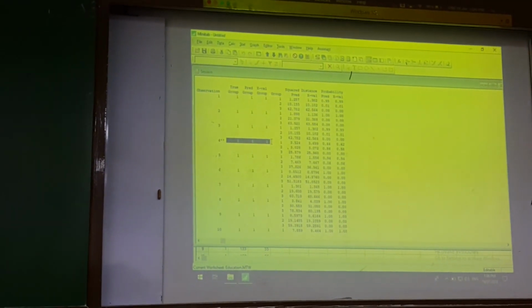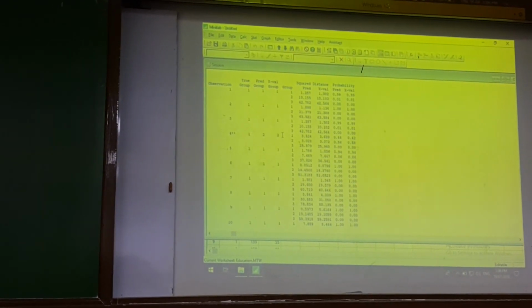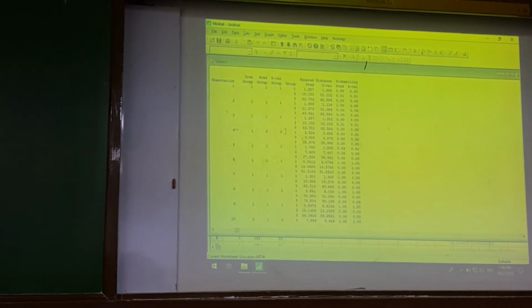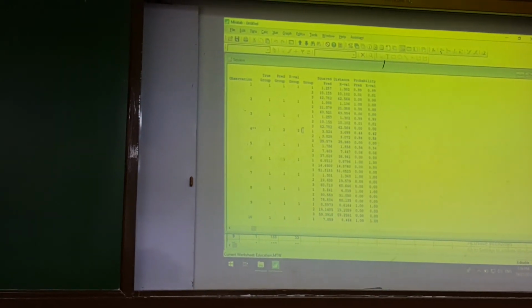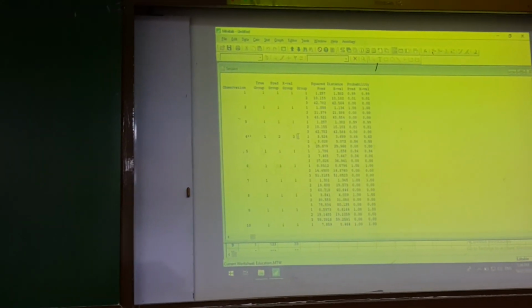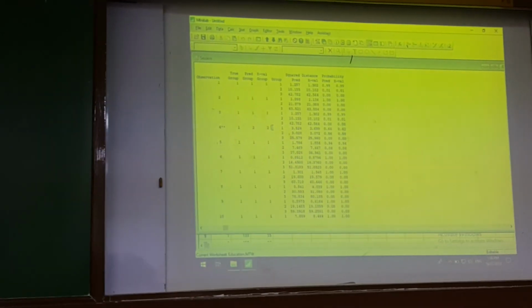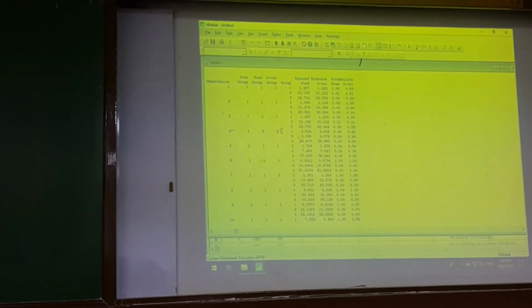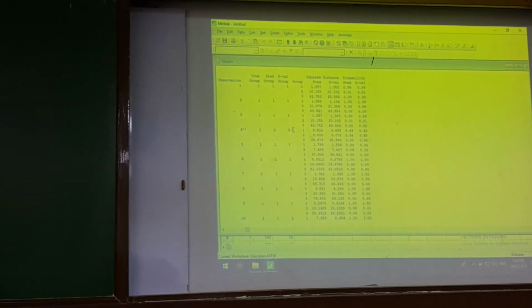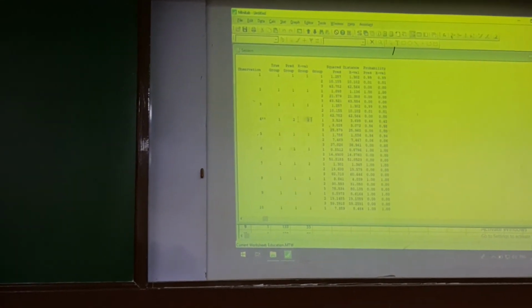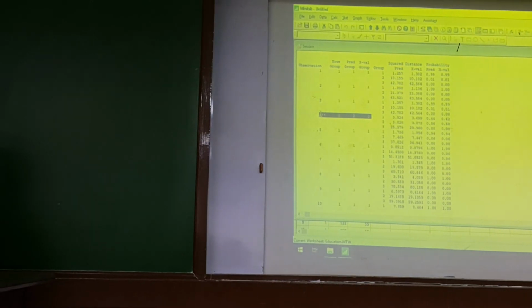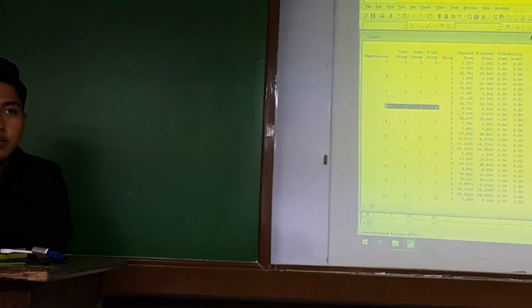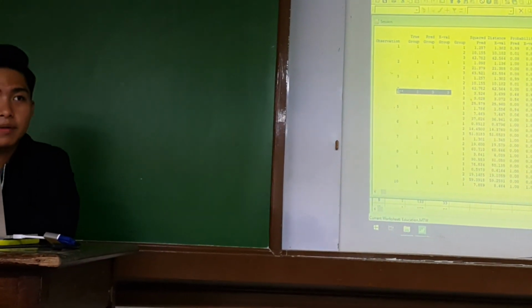So maybe, try mo siyang i-regroup and run your statistical test again. So baka doon, gumana na siya. So usually, ginagawa yung discriminant analysis before regression. Kasi under regression, you can use yung categories, like yung ginawa natin last time, male and female. So maybe nagkamali ka lang ng classification niya, pwedeng hindi siya male, pwedeng female pala siya originally, nagkamali ka ng record.